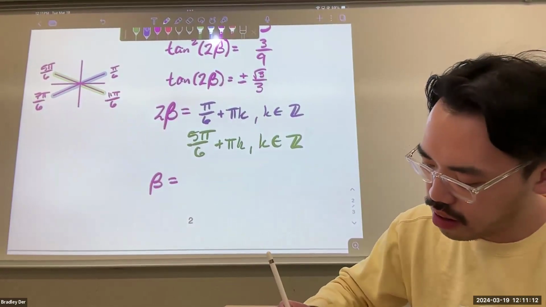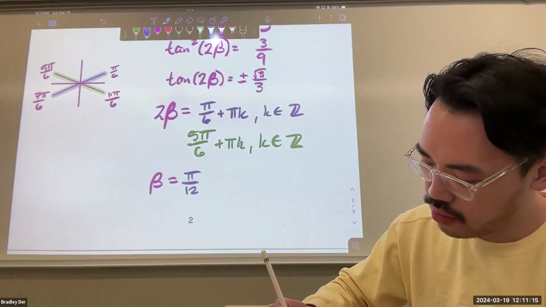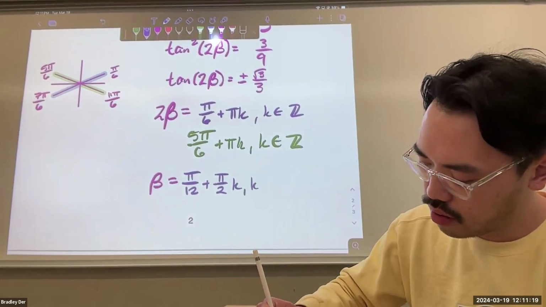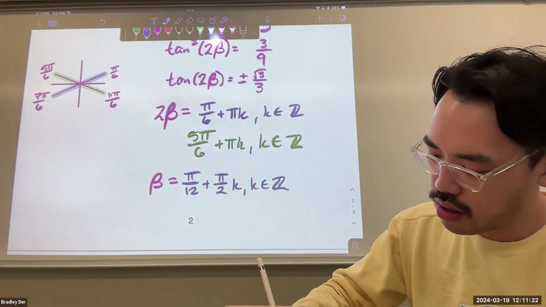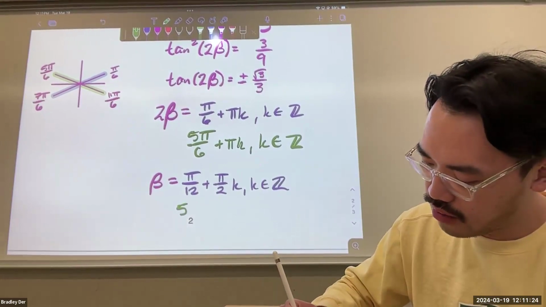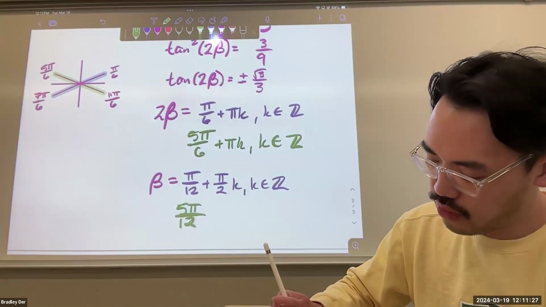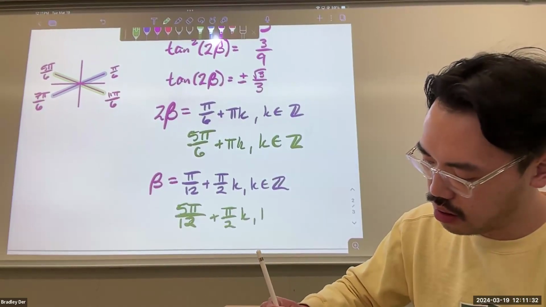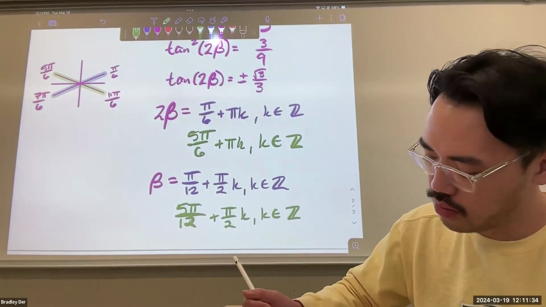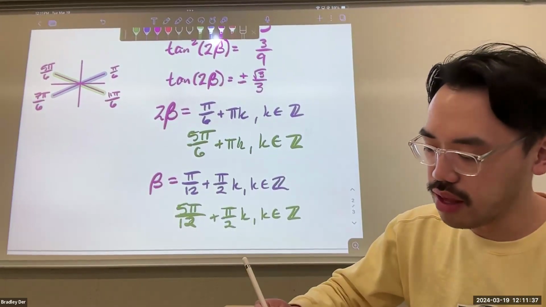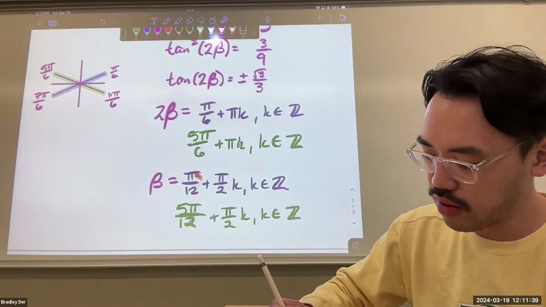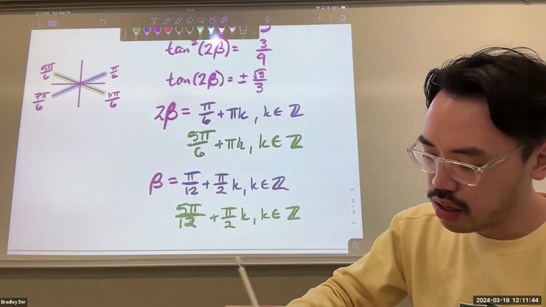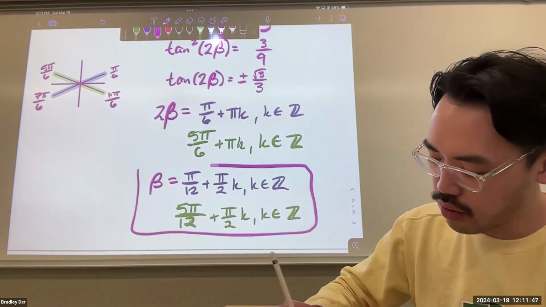So now I'm going to end up with pi/12 plus pi/2 k, where k is any integer, and 5 pi/12 plus pi/2 k, where k is any integer. Right, so just dividing both the initial term, so pi/6 becomes pi/12, and the common difference, so pi becomes pi/2. Right, so this would be the answer that I would go with.